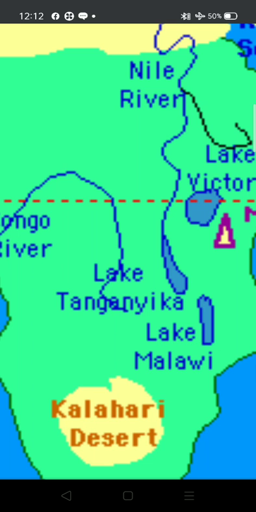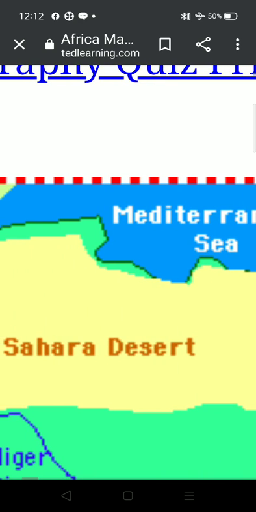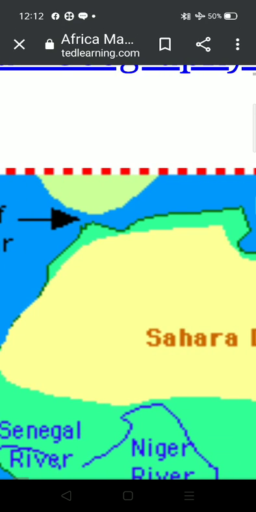As I told you, Europeans could see the northern part of Africa near the Mediterranean Sea, this part. Europeans knew the northern coastal region of Africa.